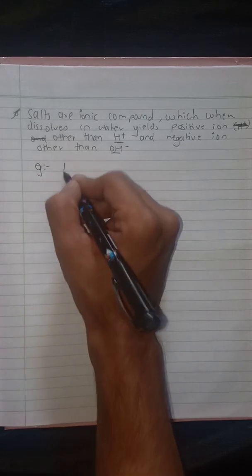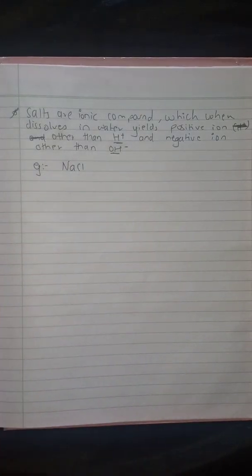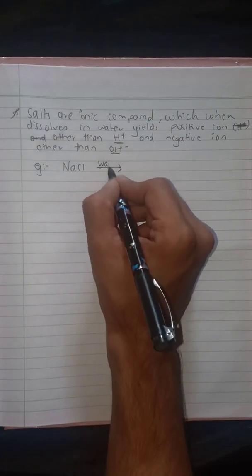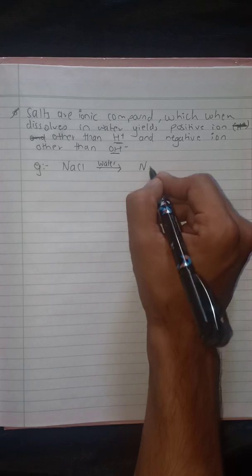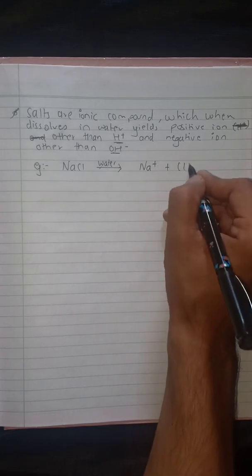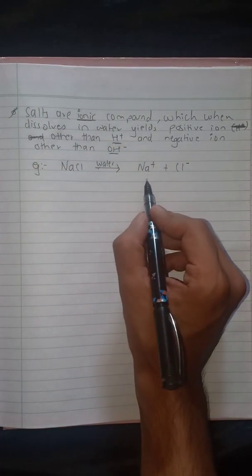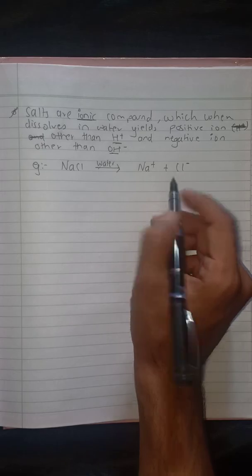Let's take an example. Suppose I have NaCl and I dissolve it in water. It forms Na plus and Cl minus. It's an ionic compound. Ionic compound means it carries a charge. See, it has a charge on it.